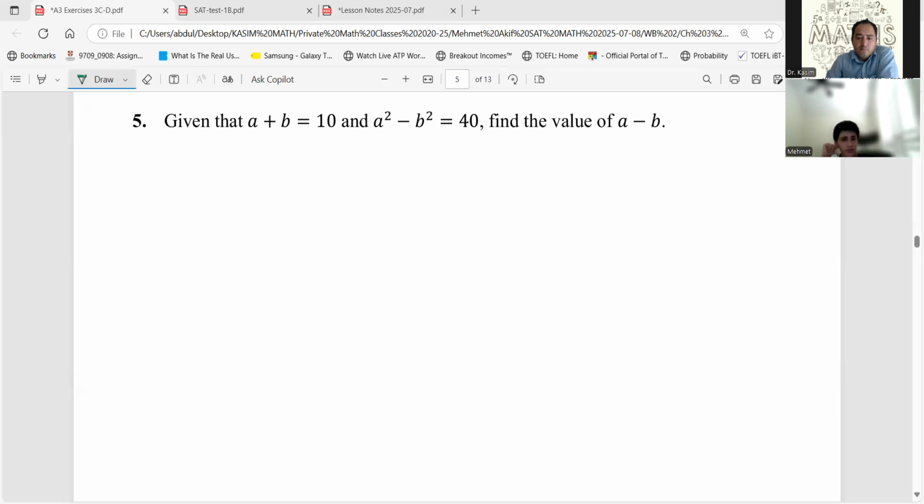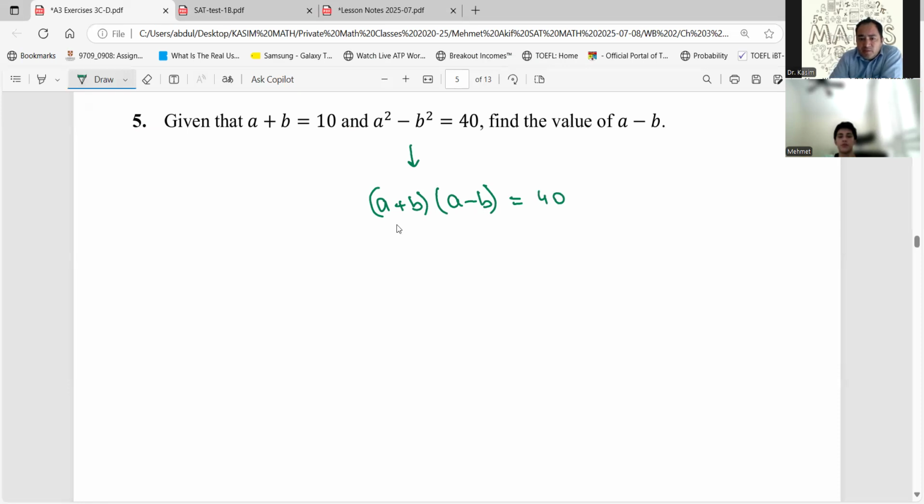Is it 30? Why? Because it says a plus b is 10. Did you factor this first? Let's do a plus b and a minus b. That's equal to 40, right?